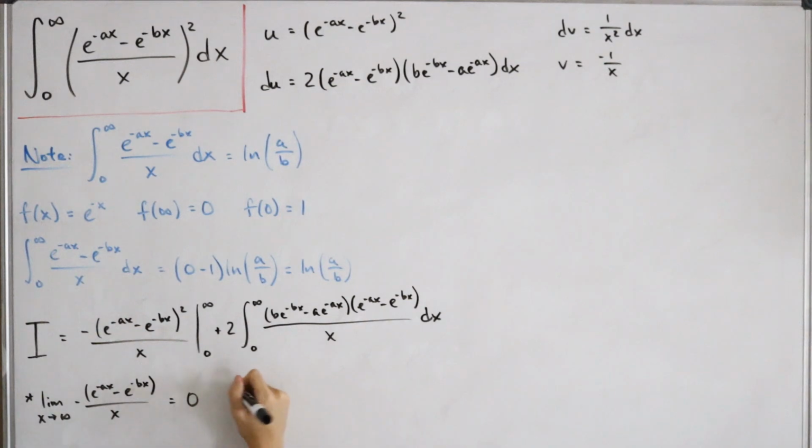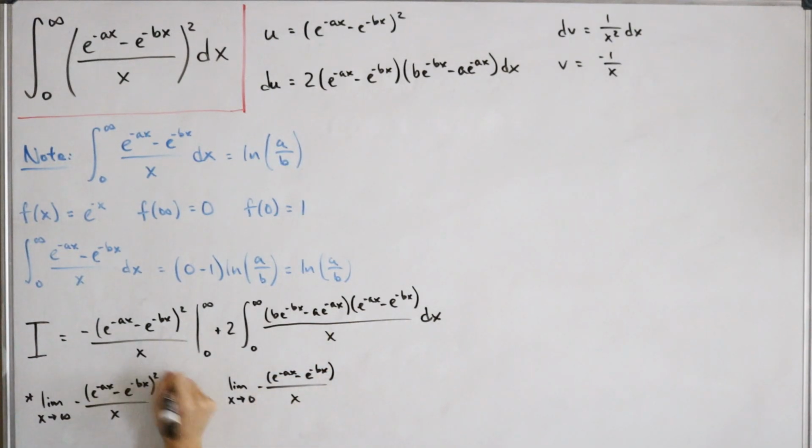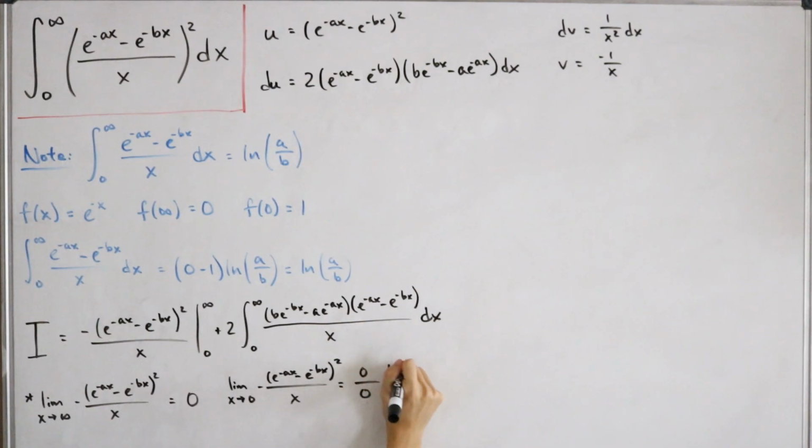However, now if I have the limit as x approaches 0 of the same thing, negative e^(-ax) minus e^(-bx), then divided by x, that's supposed to be a square here, but thankfully that doesn't change much. What we see here is a 0 over 0 indeterminate form. If you apply L'Hopital's rule, I can take the derivative of the numerator and the denominator respectively.